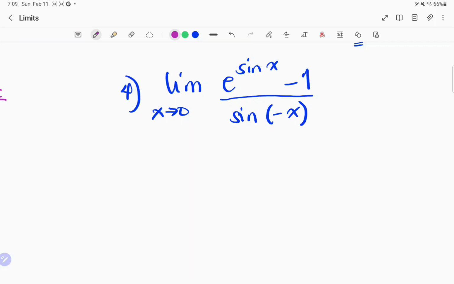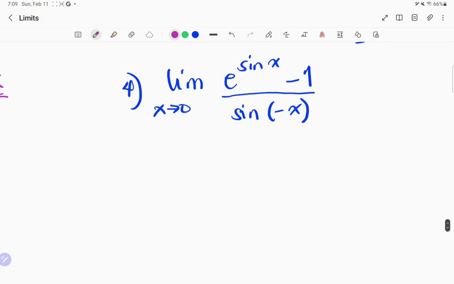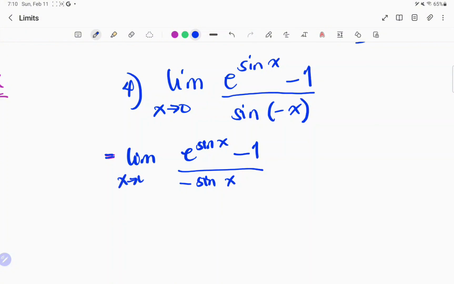To produce sine x in the denominator or remove that negative, we can use the odd-even identity to simplify this sine of negative x. So applying this odd-even identity of sine, it will become the limit of e raised to sine x minus 1 over negative sine x as x approaches 0.